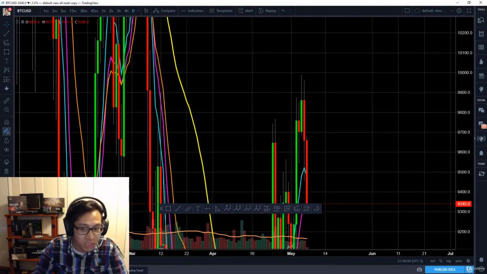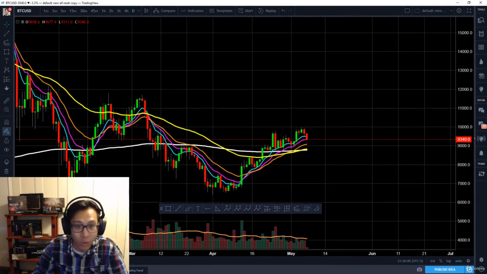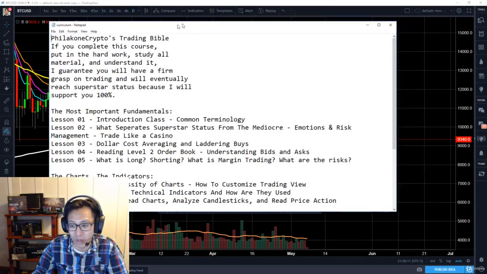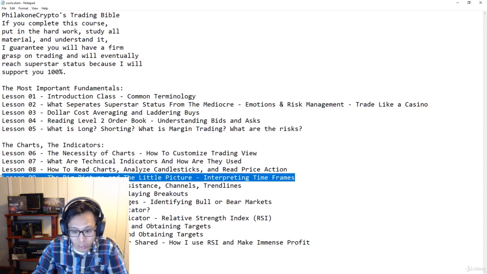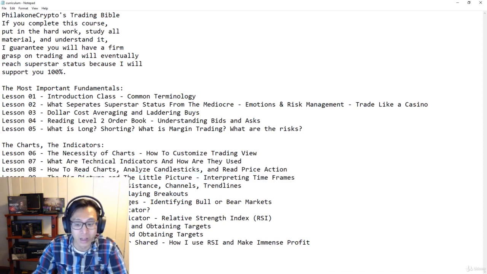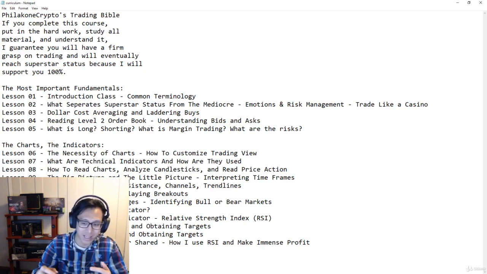So just to give you guys a basic idea of what time frames are, we're going to go over time frames in the next lesson, in lesson number 9, how to interpret time frames by looking at the little picture and also the big picture as well.